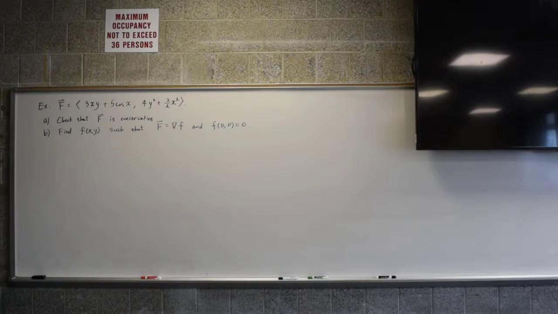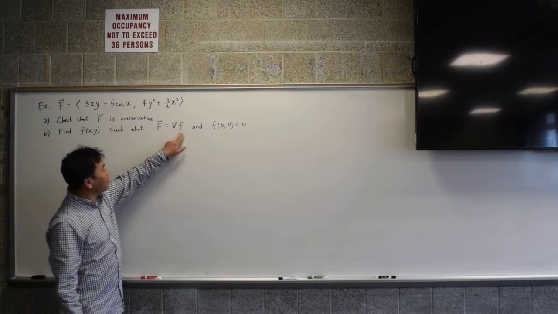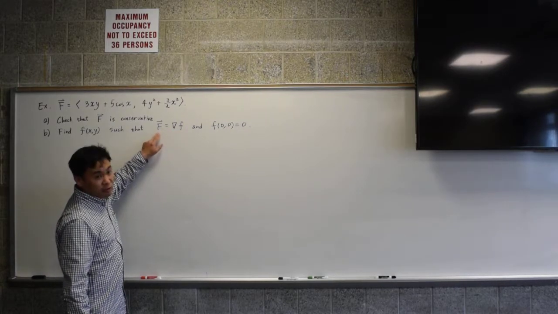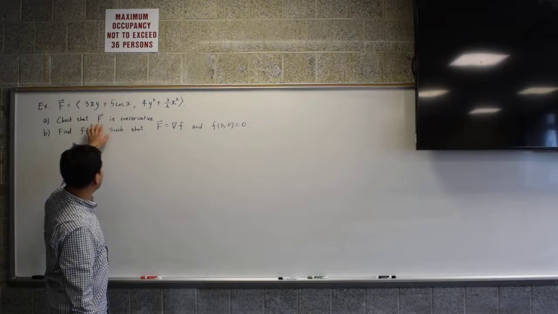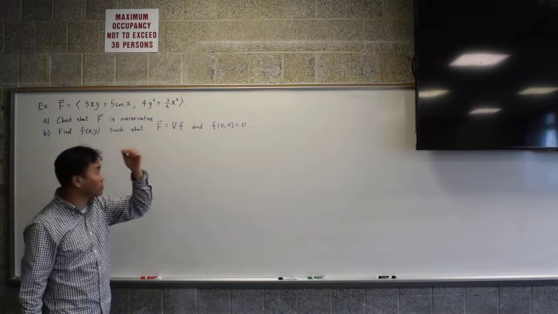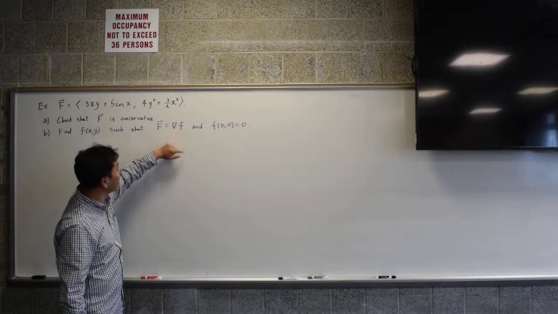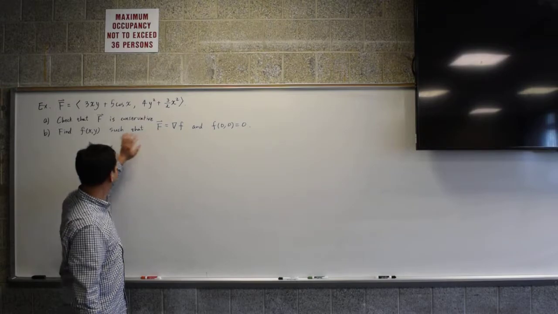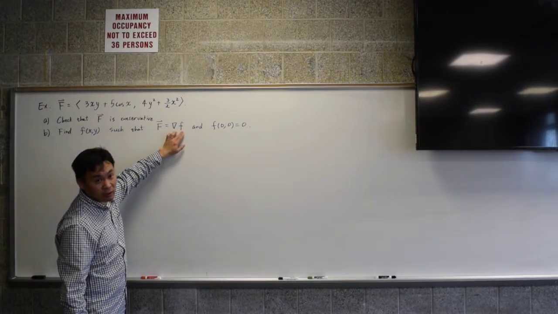So in other words, you're trying to find an antiderivative of this vector field. We talked about how a vector field being conservative means that it's a gradient vector field of some multivariate function f. And the second part is asking for us to find out what that function f is.